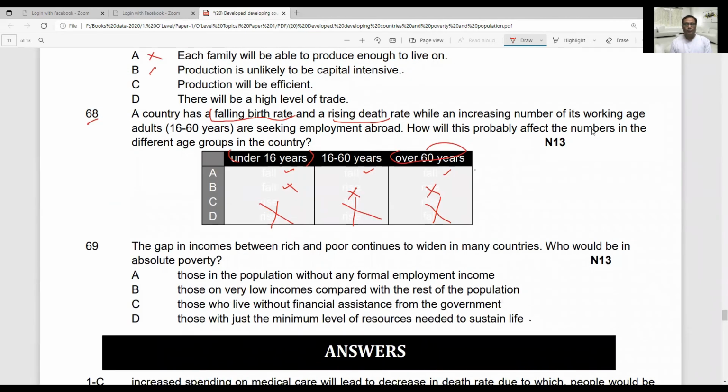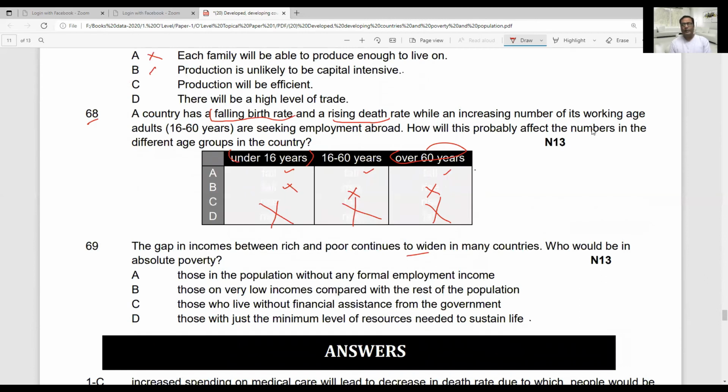And now moving to question number 69. The gap in income between rich and poor continues to widen. It means the rich are becoming richer and the poor are getting poorer. So the income gap between them is increasing. Who would be in absolute poverty?